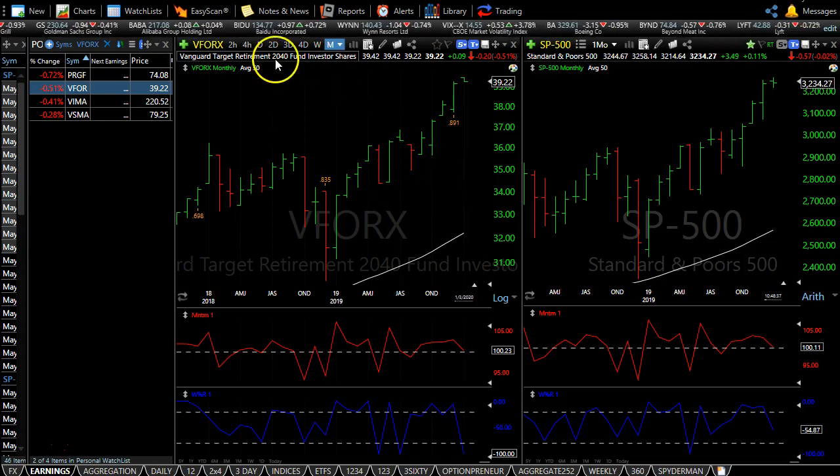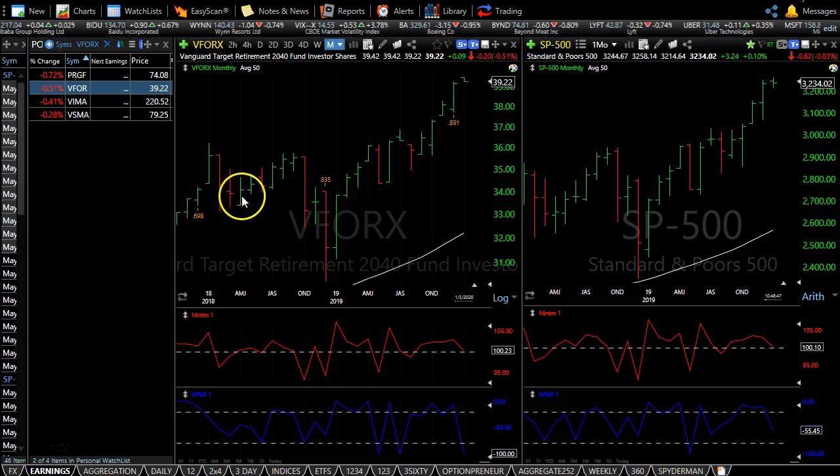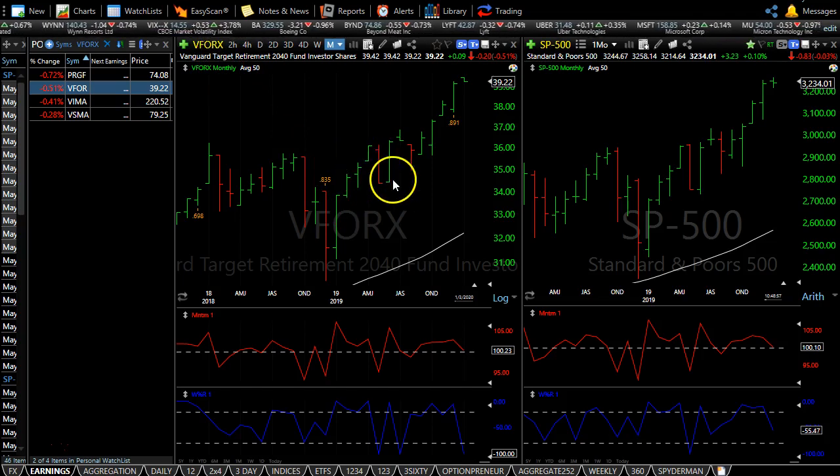And as you can see here, this is a monthly chart, which means every bar represents 1 month of trading activity in this stock fund, VFORX.